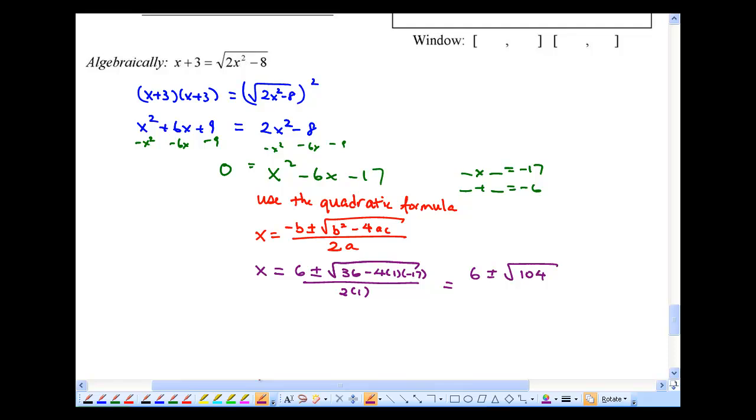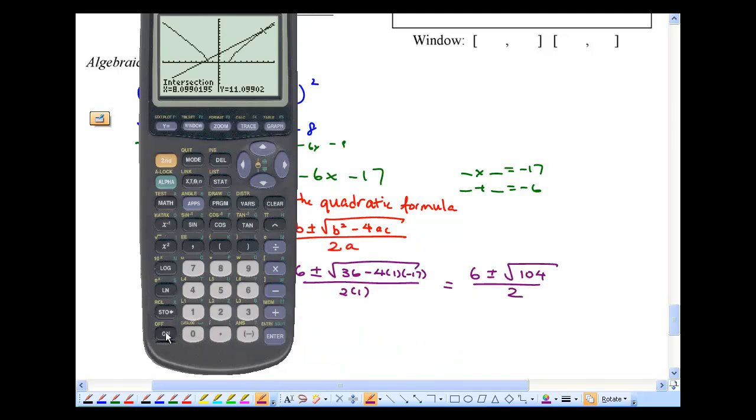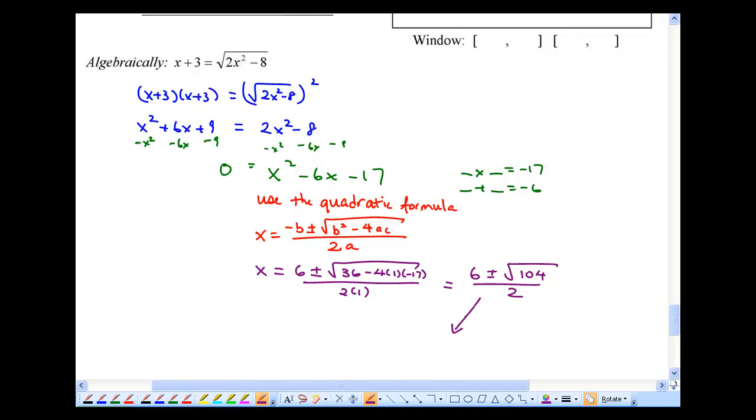Yep, all over 2. Since it's a decimal answer, I'm not even going to simplify that radical. You could if you wanted to. I'm just going to go straight to the calculator. How about 6 plus the square root of 104, then divide that by 2. So our positive answer is 8.099. Well, that's what I had before, right? That's like 8.1.